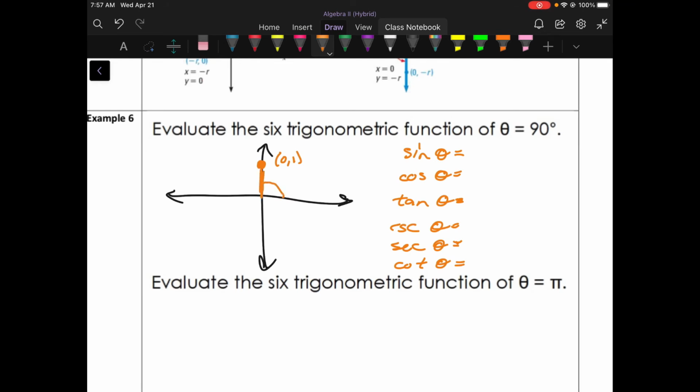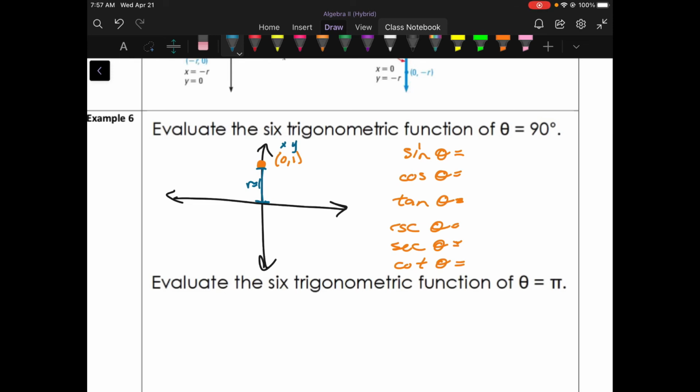So here would be our angle, 0, 1. So if you remember x, y, what is my radius r here? Well, we're just going to call it 1. It's always going to be 1 for these quadrant angles, 90, 180, 270, 360, or 0.